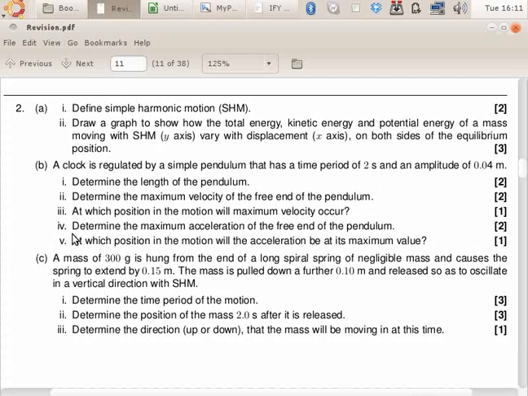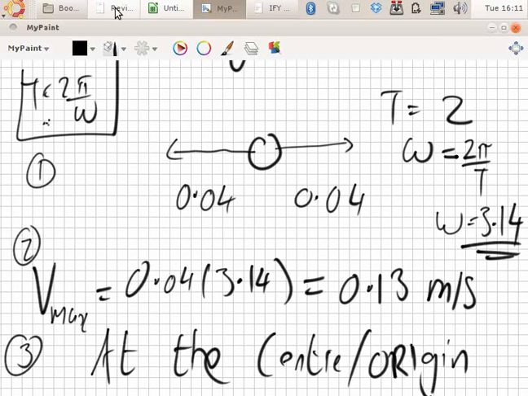Right, that was part 3. It's just at the center or at the origin.